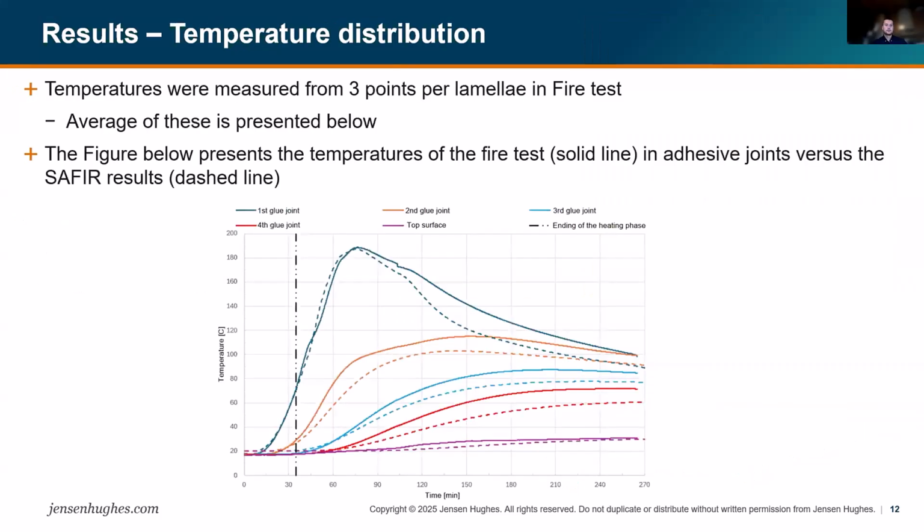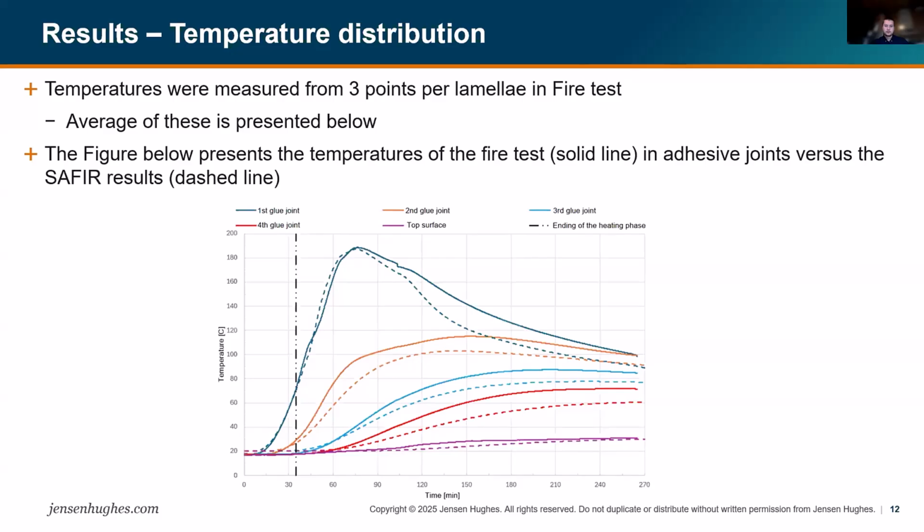For temperature distribution in the fire test, the temperatures were measured from 3 points per lamella, and the average of these is presented below with the solid lines. And for reference, the results from SAFIR or Diamond are presented with the dashed lines.